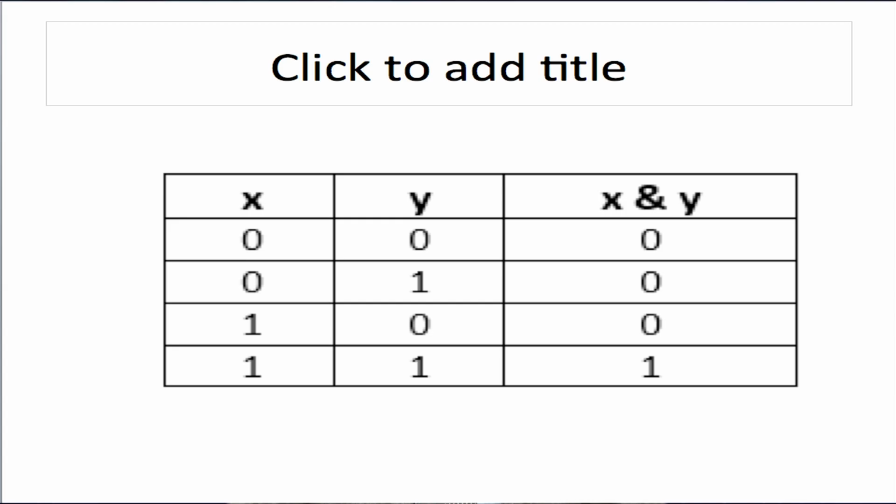If x is 0 and y is 0, then it will be 0. If x is 0 and y is 1, then it will be 0. If x is 1 and y is 0, then it will be 0, and in case both x and y are 1, then it will be 1. So we have four outputs accordingly, and this AND represents just multiplication of two bits.